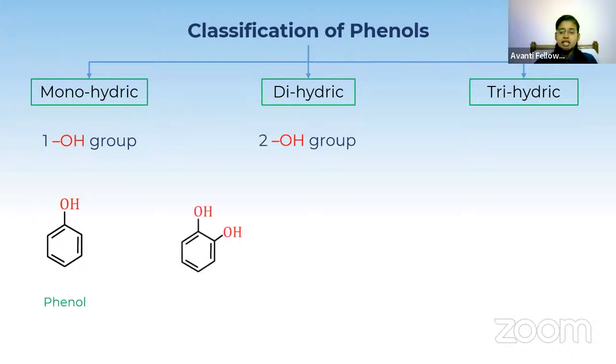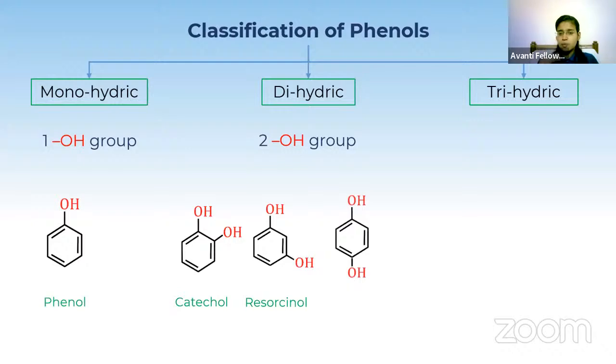Here you can see the two OH groups are adjacent to each other. If they are adjacent, then it is called catechol. If the two OH groups are alternate to each other, then it is called resorcinol. If the two OH groups are opposite to each other, then it is called quinol. So these three come under the dihydric category.